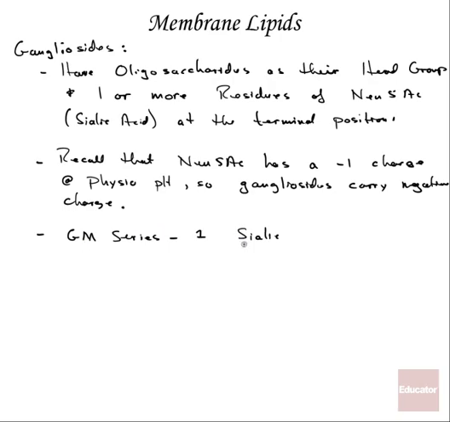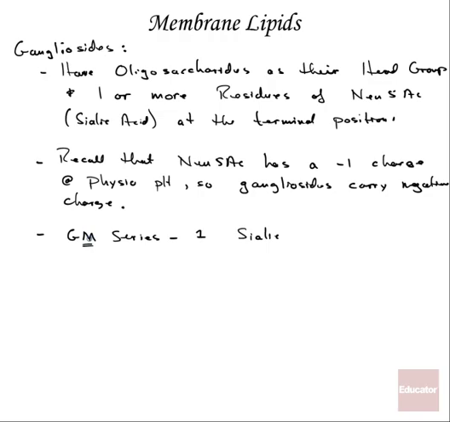The M stands for monosialic acid. Ganglioside, monosialic acid residue. So when I have a molecule like GM1, GM2, GM3, that 1, 2, 3, that's part of the name of the specific ganglioside. The M is telling me that that molecule, whatever the particular arrangement of sugar monomers is, is going to end somewhere with one sialic acid residue.